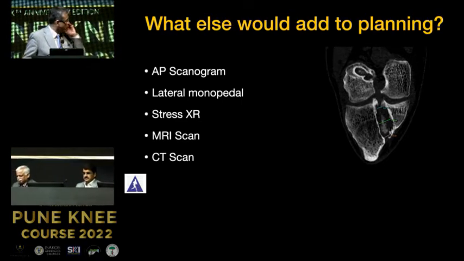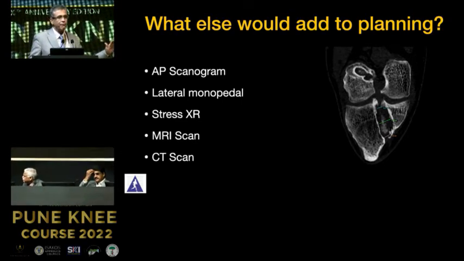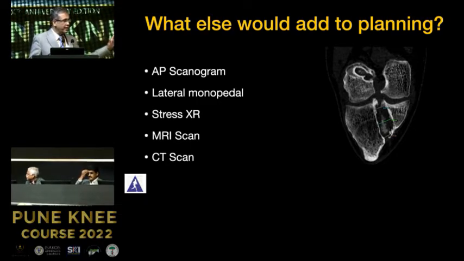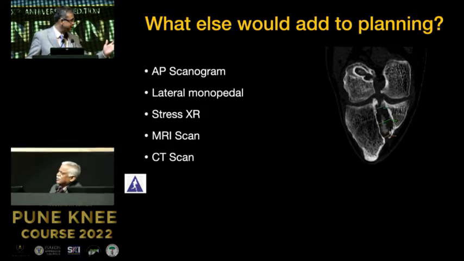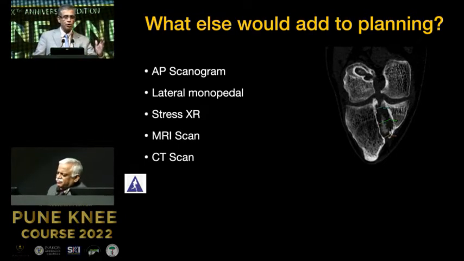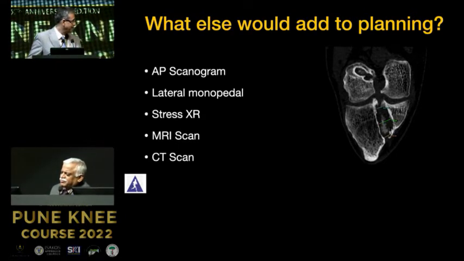Dr. Chaudhary, would you agree that if you're looking at a failed ACL, then all of these 5 different imaging modalities are essential to understand the whole picture, or if you have an MRI, is it okay not to do a CT scan? So most important is that if you have a failed ACL, you have to try to understand the cause.